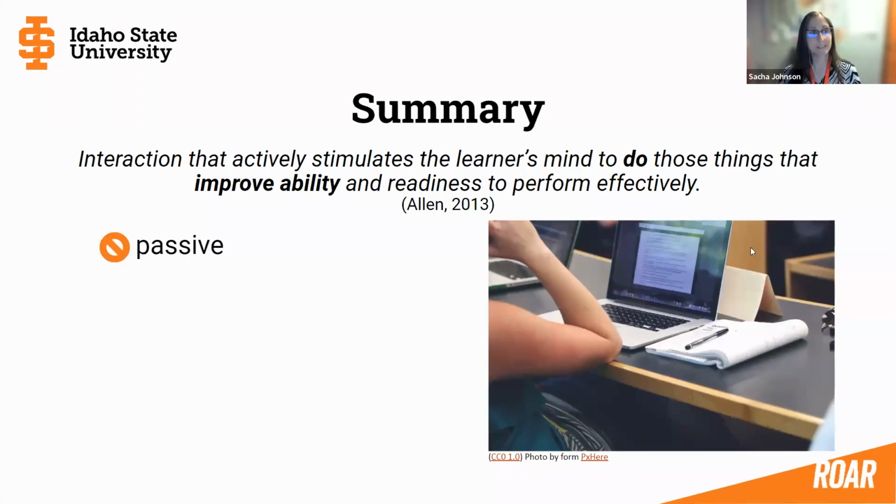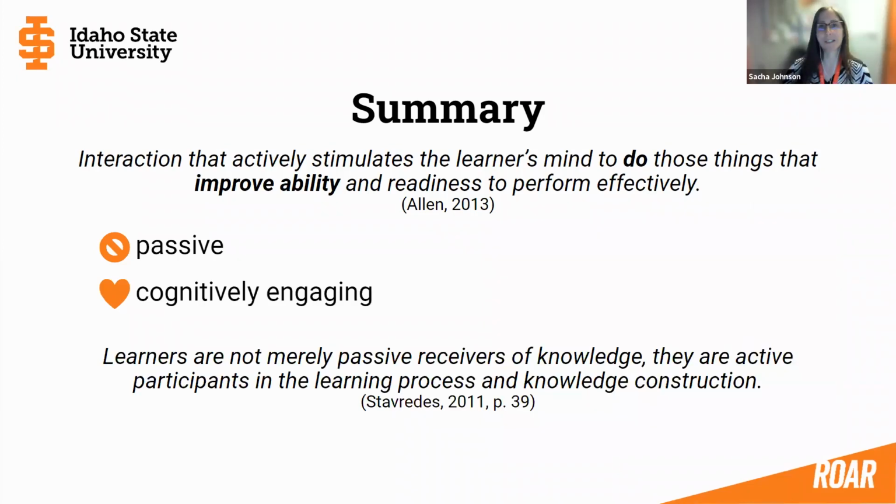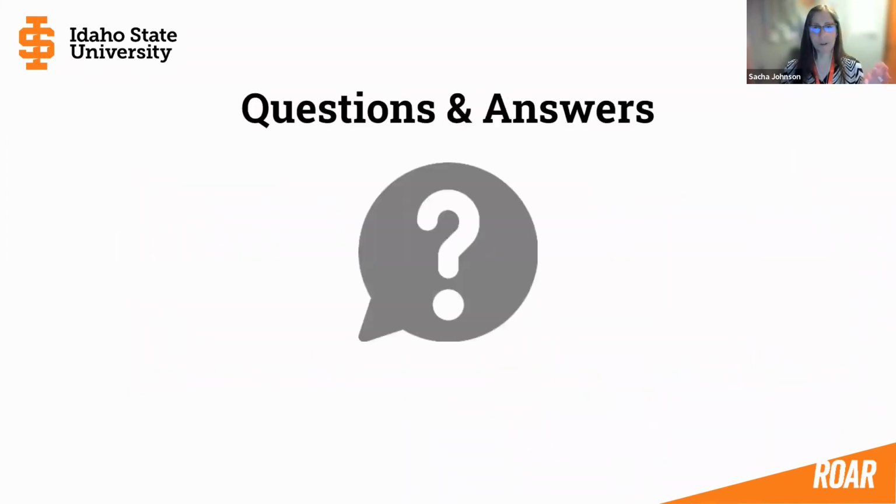Because it's not passive, it's cognitively engaging, but it always comes back to our student learning outcomes, right? So hopefully I've helped you see some different ways that you can add instructional interactivity and active learning in your courses. I see we have a few minutes left, so I can open it up to any questions you may still have.